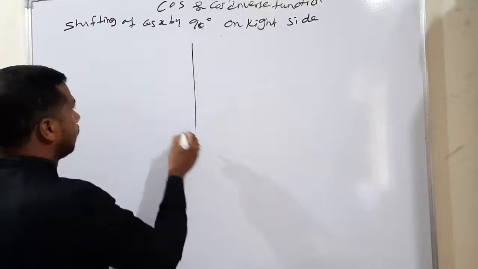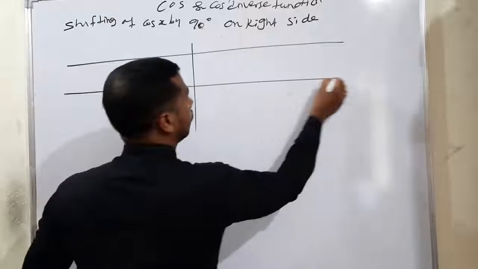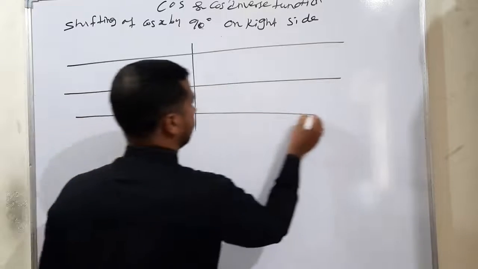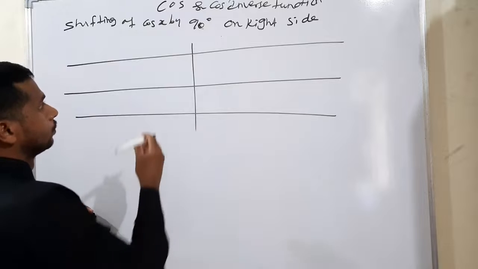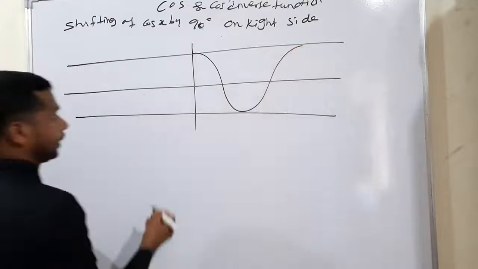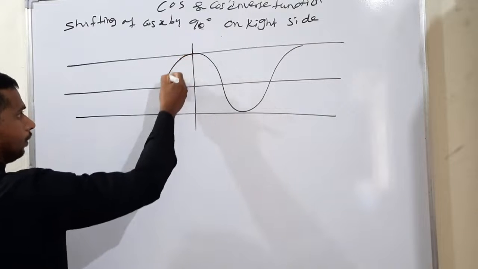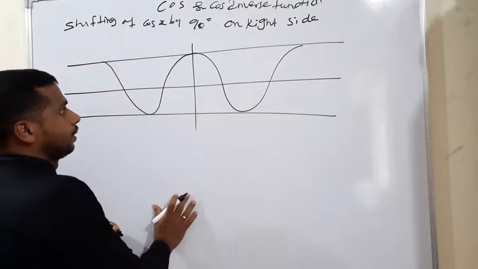Okay, this is one cycle. This is the cos graph.